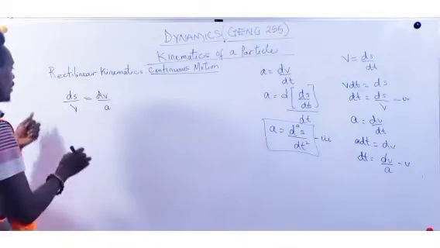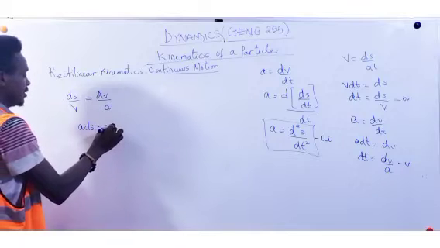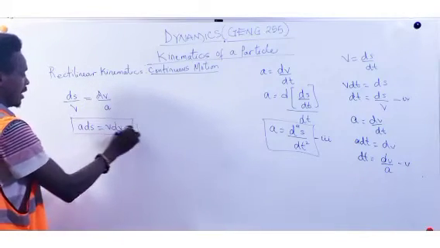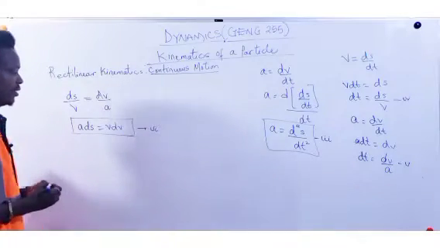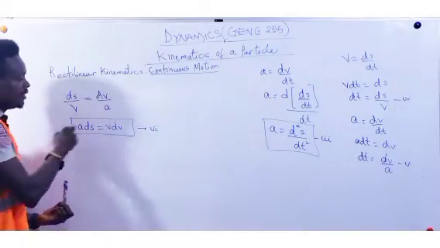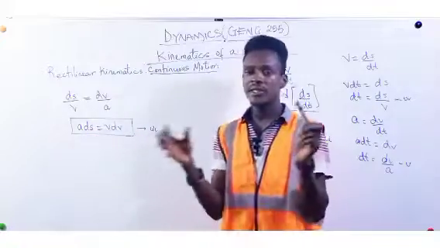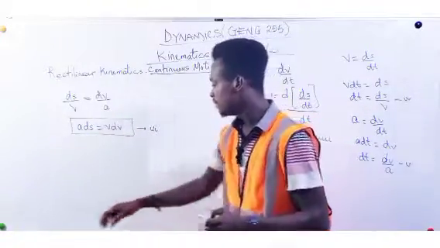So if we cross multiply, we'll have a ds is equal to v dv. So we call this equation 6. This is our major equation: a ds is equal to v dv, where we relate acceleration, position, and velocity at the same time.